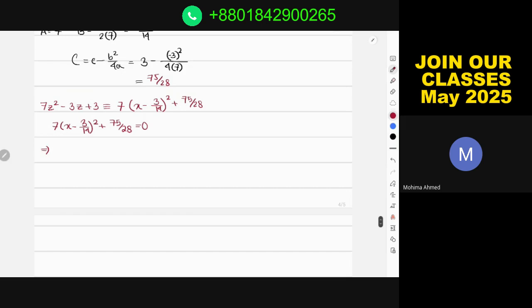And then I will take everything to the right hand side. Finally, this is how it was supposed to look. 75 over 28, right? This entire thing will be divided by another 7. Try to calculate it. How much is 75 over 28 divided by 7?